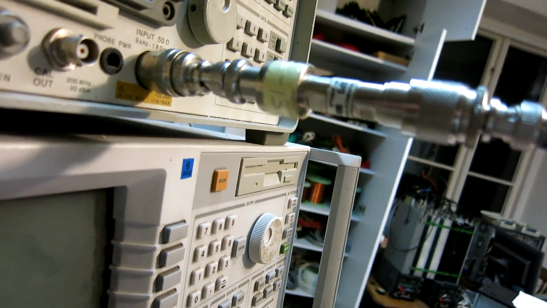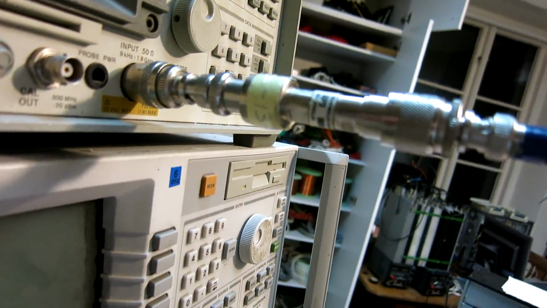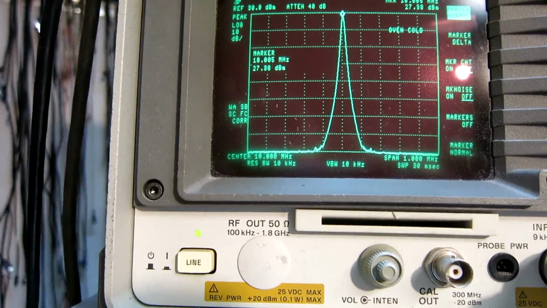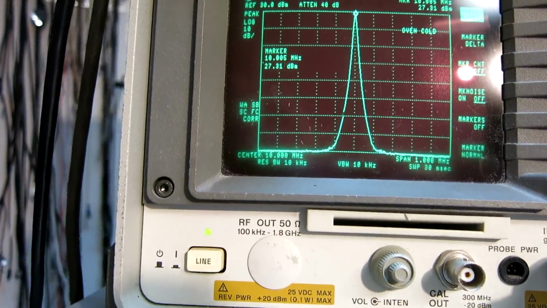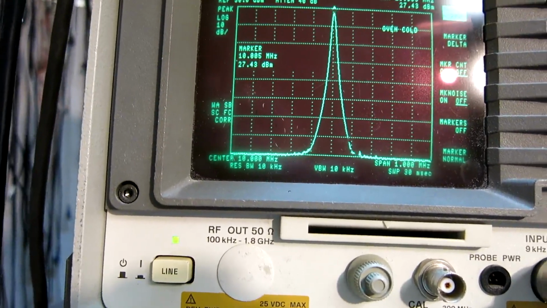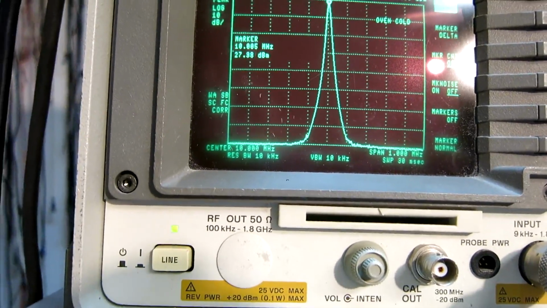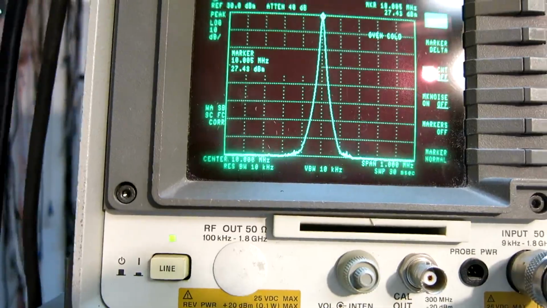I need a 6 dB attenuator to protect the spectrum analyzer, and with it in line I can see plus 27 dBm. So the level where this noise problem happens is 33 dBm.